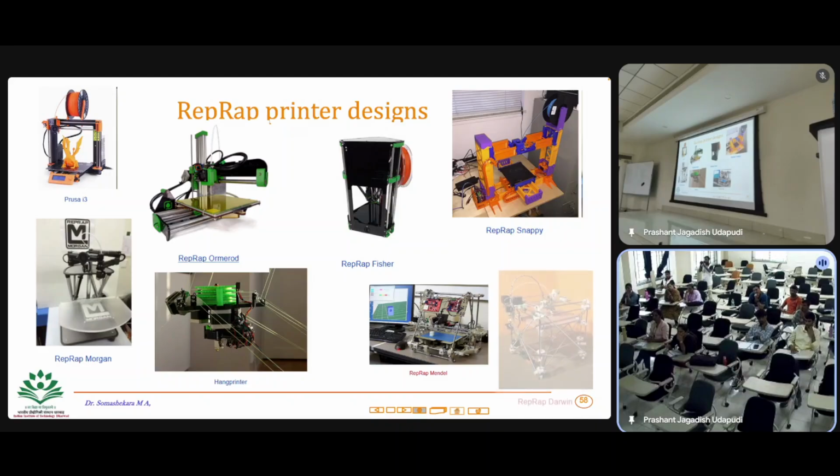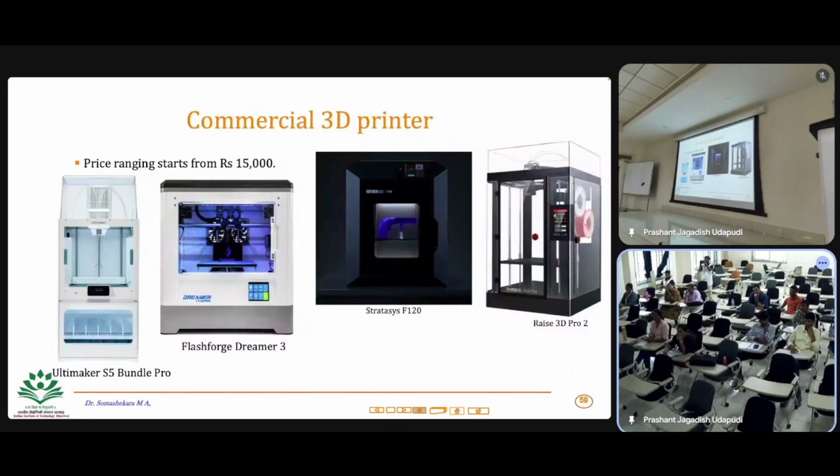So we always tell this joke, right? You buy one printer, and then you have the return policy, and then you make another printer, and then you give back the previous printer. But of course, as I said, there are a lot of commercially available 3D printers in this segment.